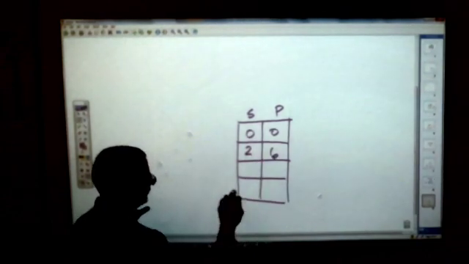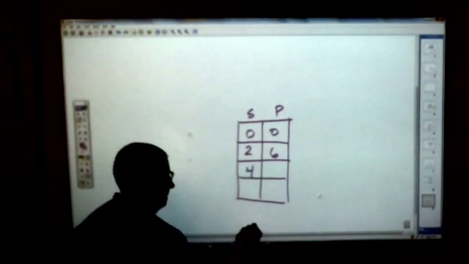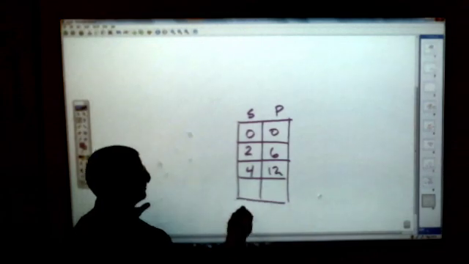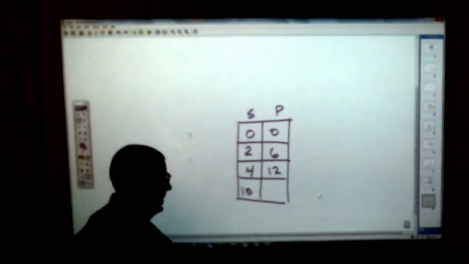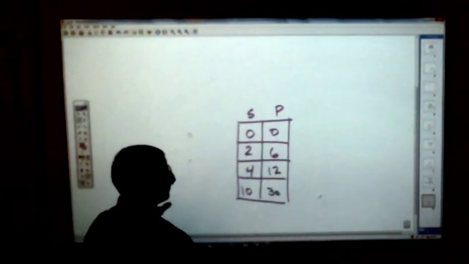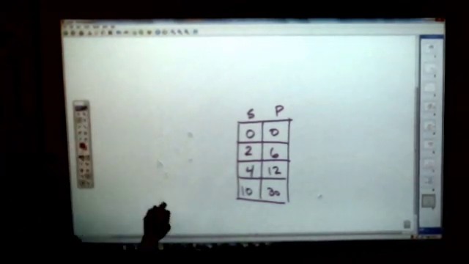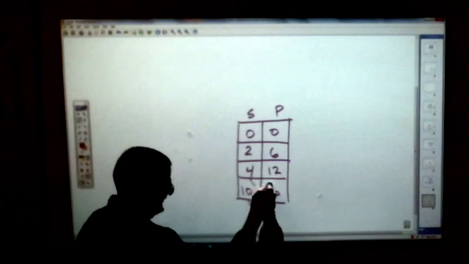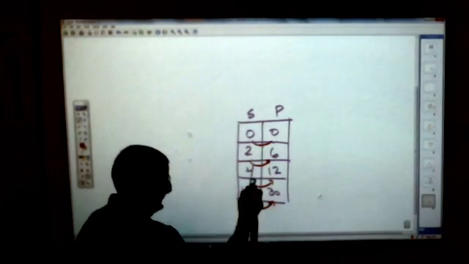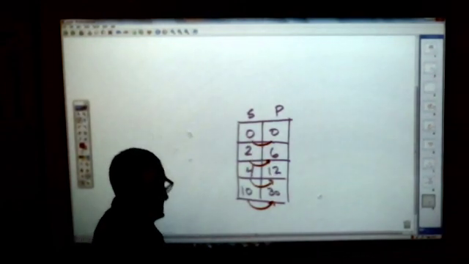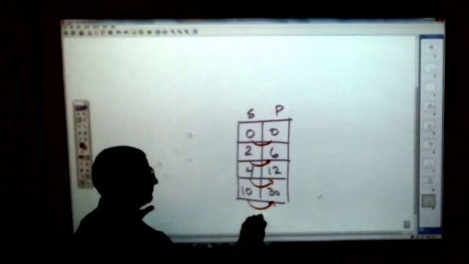If side was 4, its perimeter would be... if side was 10, its perimeter would be 30. What is the constant of proportionality? What do you do to go from here to here every time? Yeah, multiply by 3.